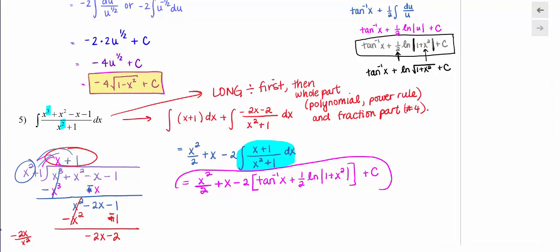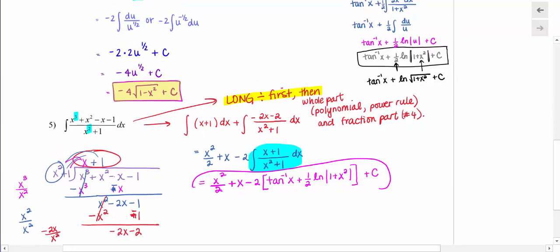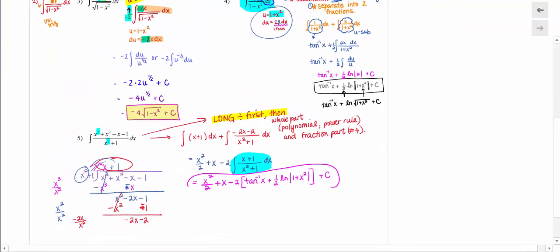Okay, so that was a long division first. Sometimes you can use synthetic division if you're lucky enough to divide by a linear factor there, but that's okay.